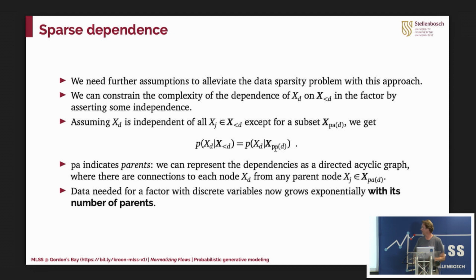And the data we need in this situation, if you have discrete variables, still grows exponentially, but now it grows exponentially with the number of parents, not with the number of variables preceding it. And that means that if we can control the number of parents, we can control the amount of data that we need.